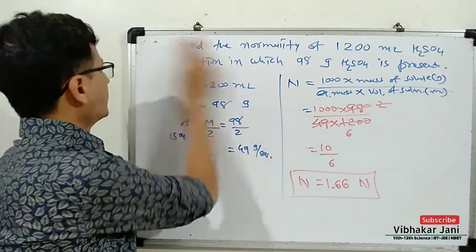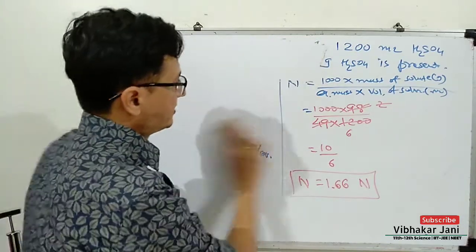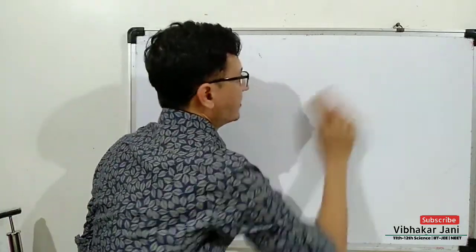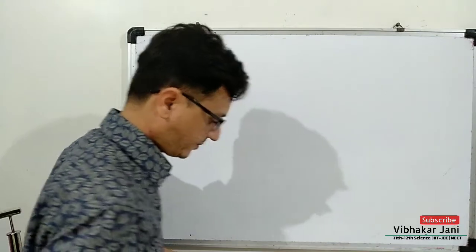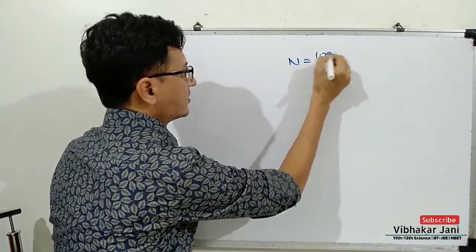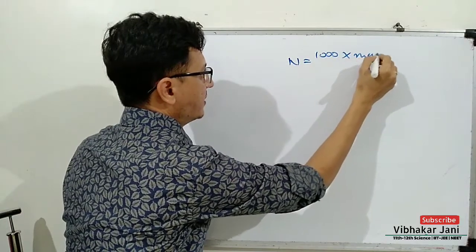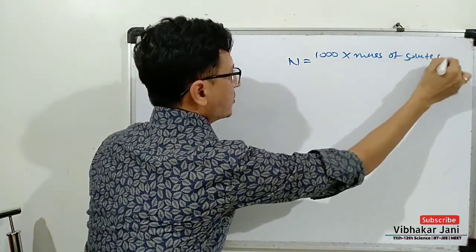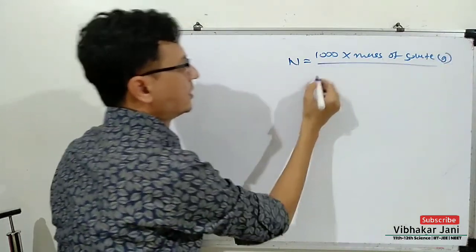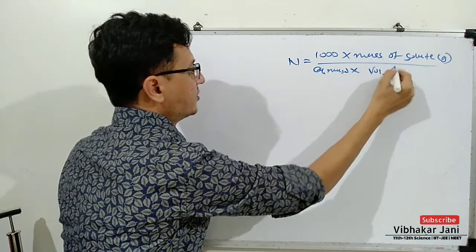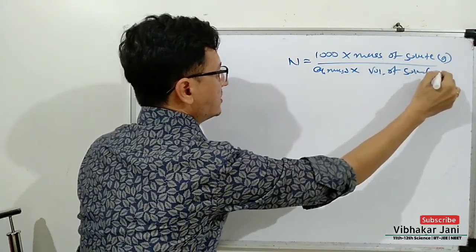Okay. Now, this is our formula of normality. We will write it again. Normality means 1000 multiplied by mass of solute in gram upon equivalent mass multiplied by volume of solution in milliliter.